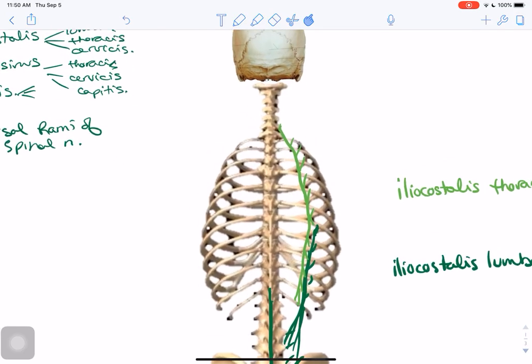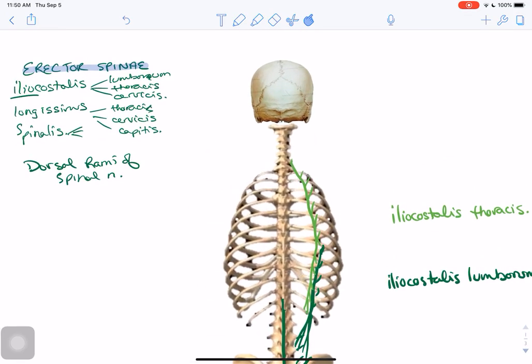The third and final portion of iliocostalis is iliocostalis cervicis, and that is going to take origin from the costal angles of ribs about 3 to 6, and then inserts on transverse processes of cervical vertebrae C4 to C6.